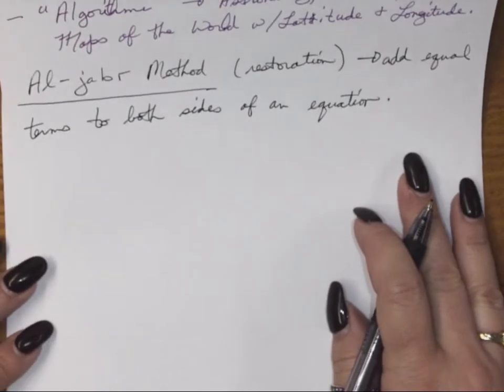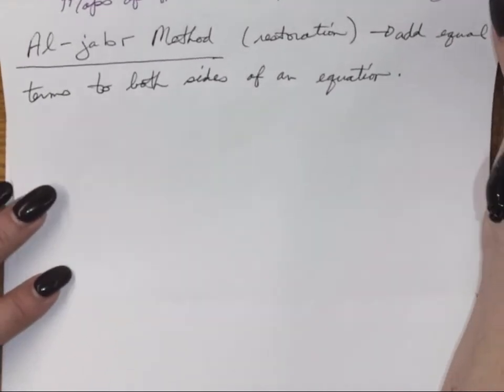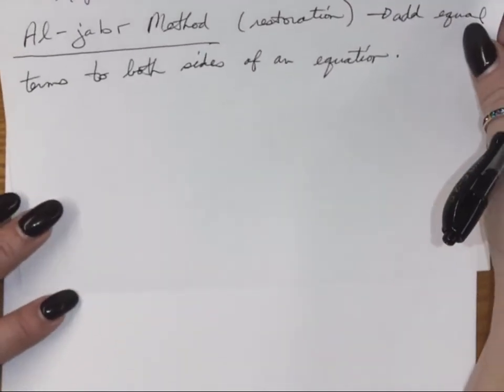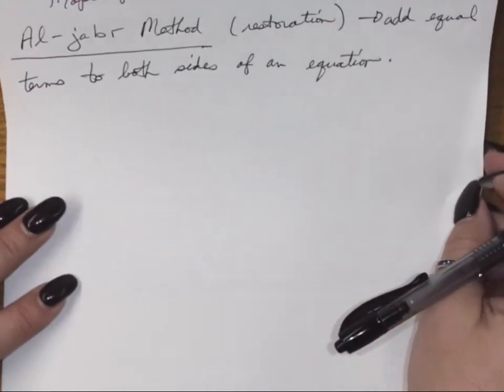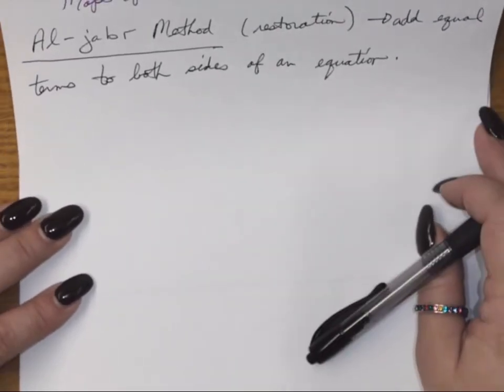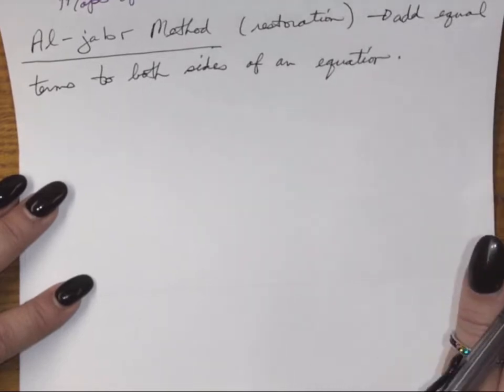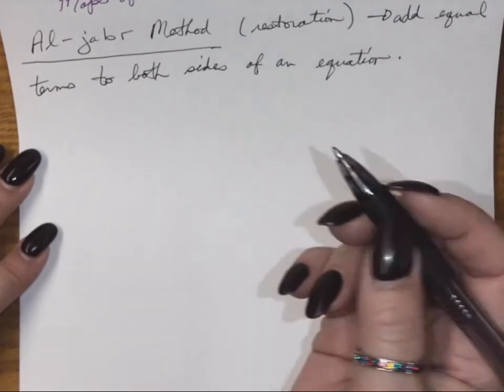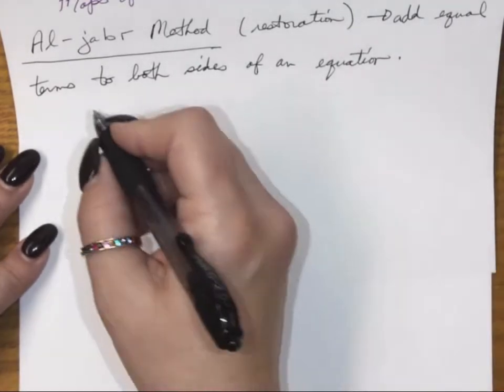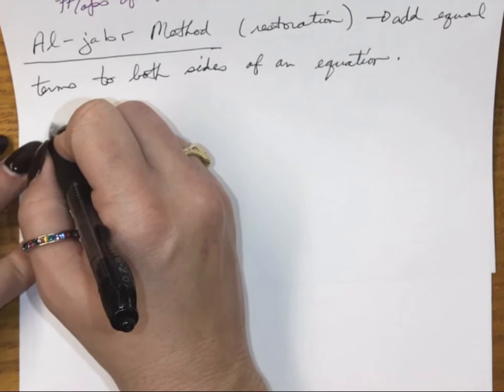But in that day, this is kind of a groundbreaking idea that an equation is basically a balance. And so I'm allowed to add to one side of my balance as long as I keep it balanced on both sides. So I can add to the other side the same or an equivalent amount or quantity. Okay, so there's that guy.